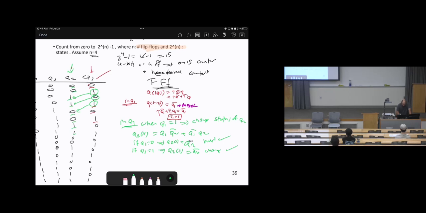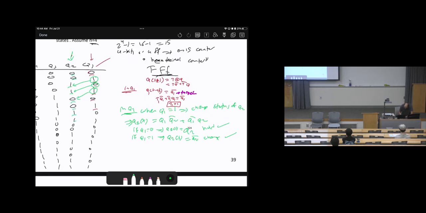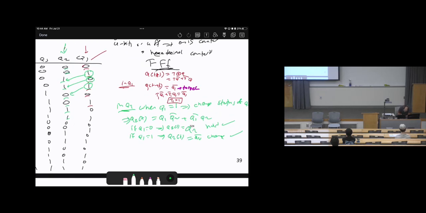So we realize this is the equation. If we are dealing with D flip-flop, we will say this is D. But again, we are talking about T flip-flop, not D flip-flop. So our target is to make Q1 Q2 bar plus Q1 bar Q2 equal to T2 Q2 bar plus T2 bar Q2.